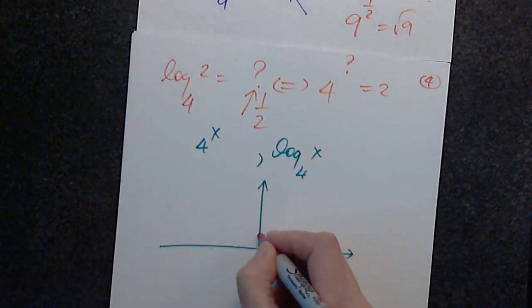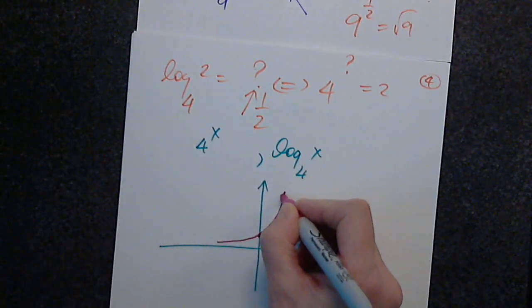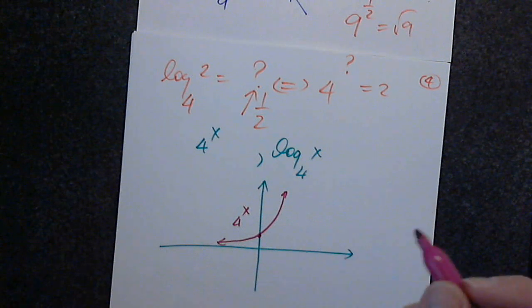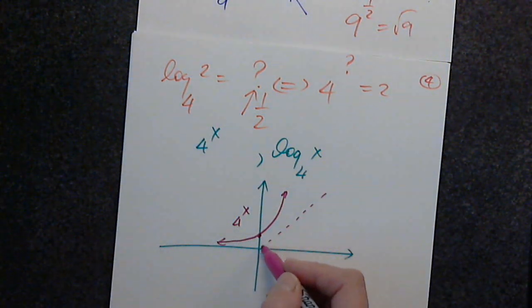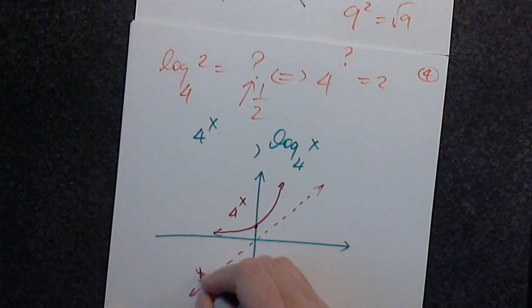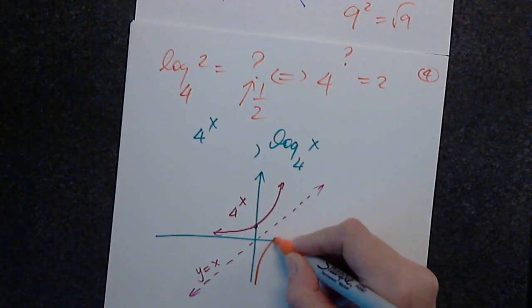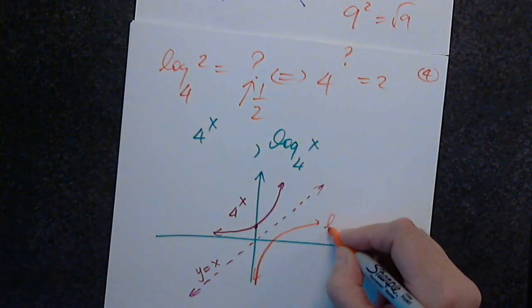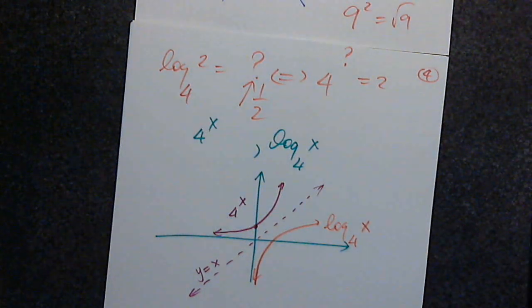Excellent. And it will cross at 0, 1. So this is 4 to the x. Remember, it's 1 to 1. I have to graph y equals x, and all I have to do now is reverse the coordinates. So this is log base 4 of x.